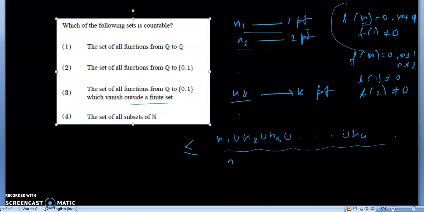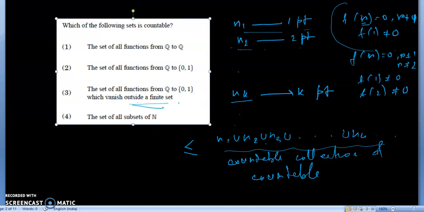We know that a countable collection of countable sets is countable, and since the cardinality of our set is at most this, obviously this set is countable. Clear?